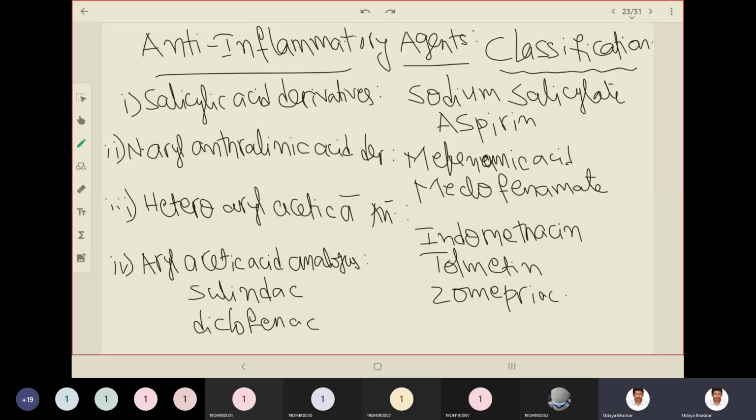Heteroaryl acetic acid analogues, examples indomethacin, tolmetin, and also zomepirac. Aryl acetic acid analogues, examples sulindac and diclofenac.